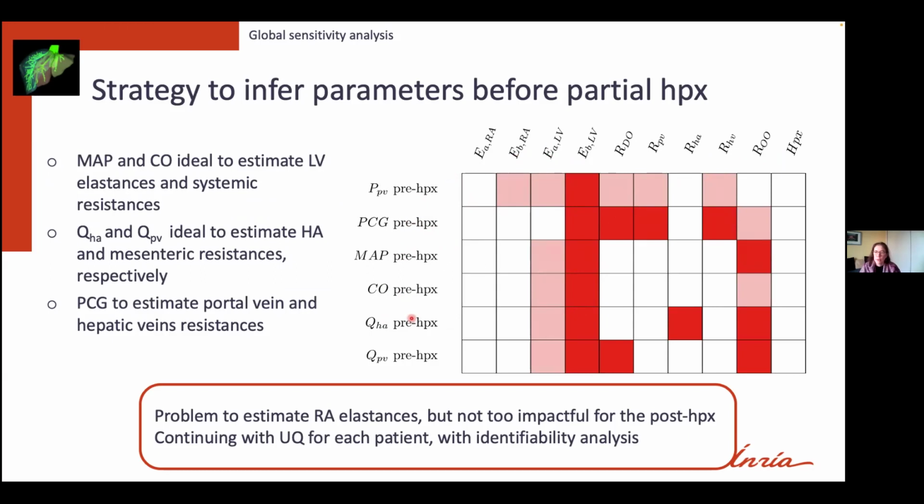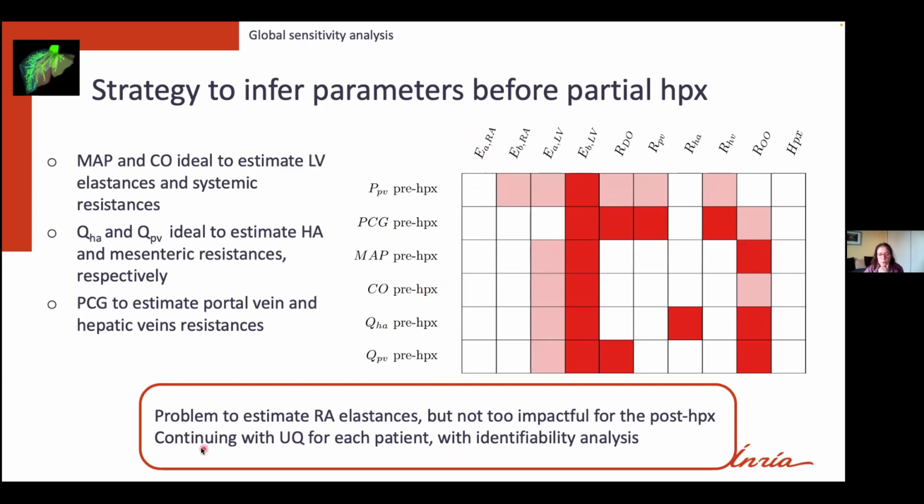And there is one parameter that is not related to any measurement. It's an elastance parameter on the right side of the heart. It's hard to estimate, but on the other hand, it doesn't have a significant impact on the output that we're looking at, so it doesn't matter.